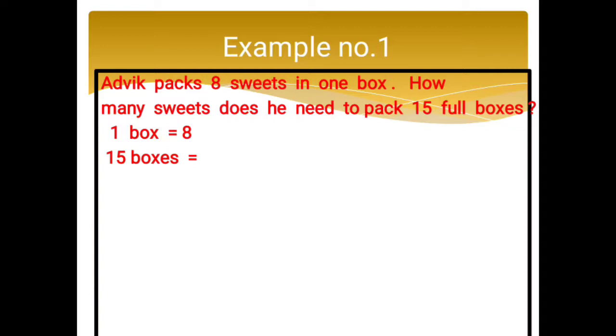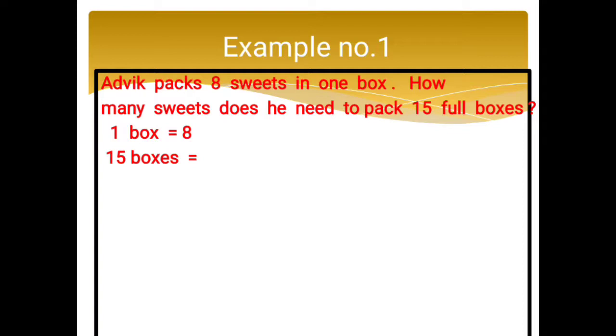See, I am going to tell you a very simple trick. In the multiplication word problem, usually the value of 1 is given, and the question is asking about more than 1, like 2, 3, 4, 5, 6, whatever number is given there.